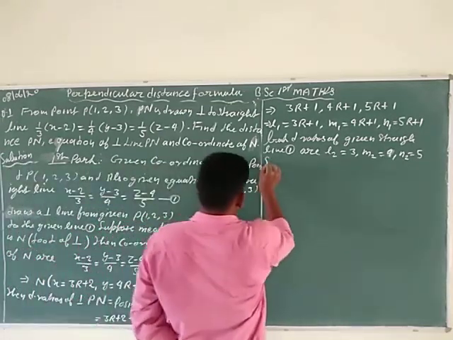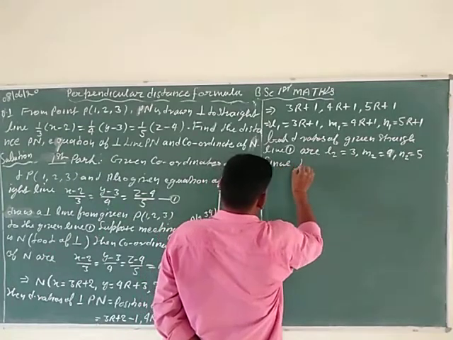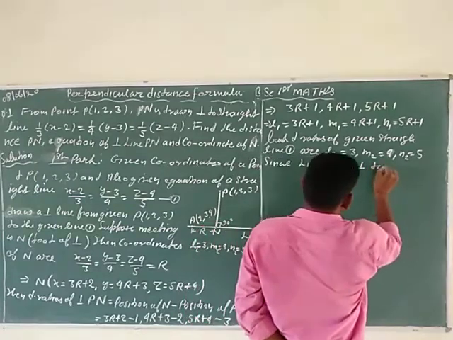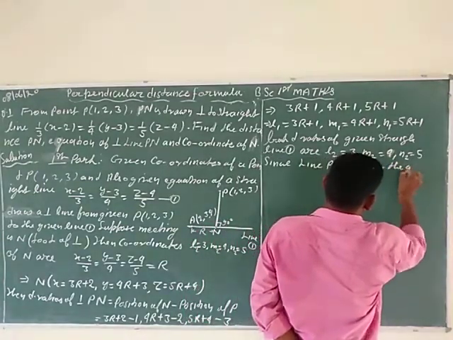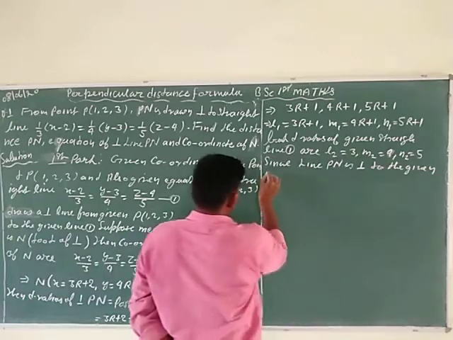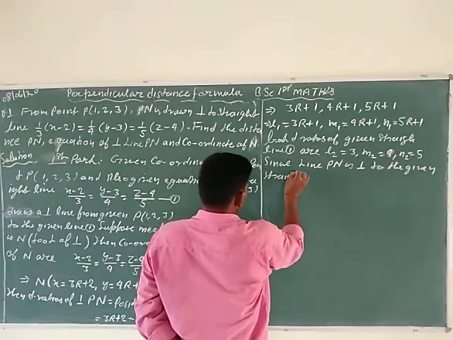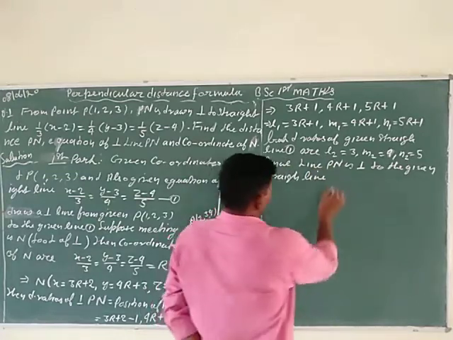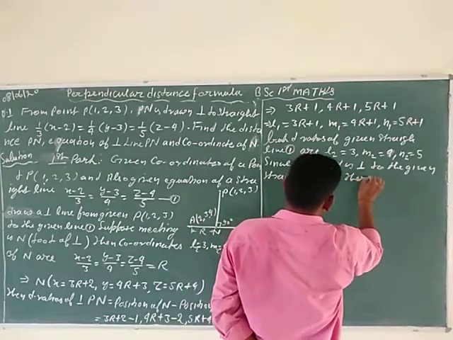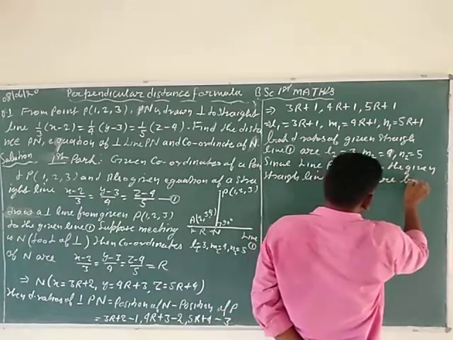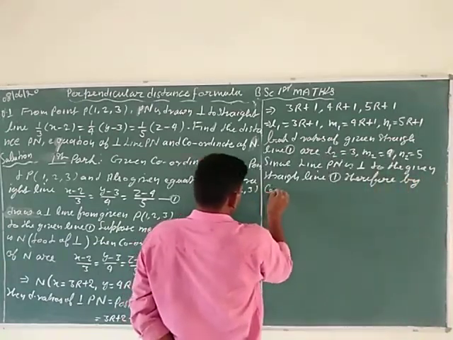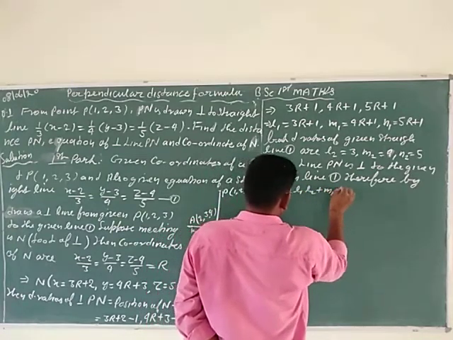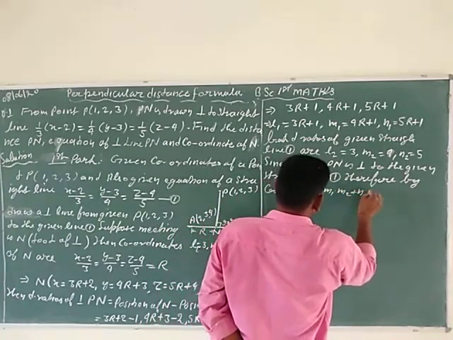So here write: since line PN is perpendicular to the given straight line, therefore by the formula cos theta is equal to L1 L2 plus M1 M2 plus N1 N2.